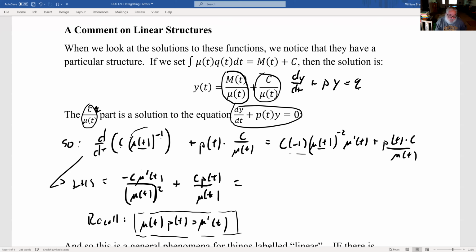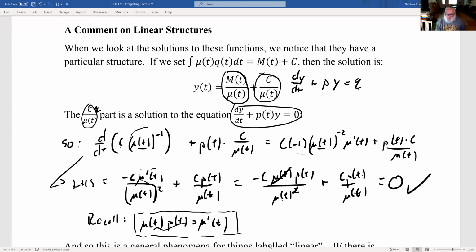So if we replace mu prime of t with this, we get minus c mu of t p of t over mu of t squared plus c p of t over mu of t. That cancels with one of these, and these two things are equal and opposite, so we get 0, which equals my right-hand side.